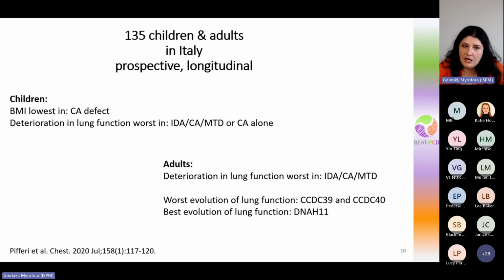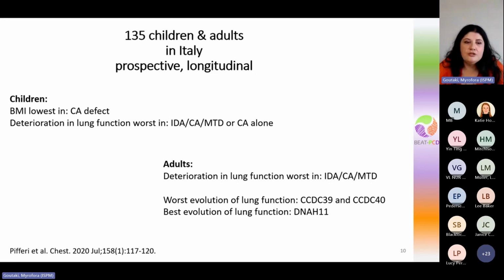They presented the results separately in children and adults, which I always find very useful because we know that several adults with PCD have been diagnosed much later, sometimes even in adulthood, and their clinical characteristics differ a lot from the children.